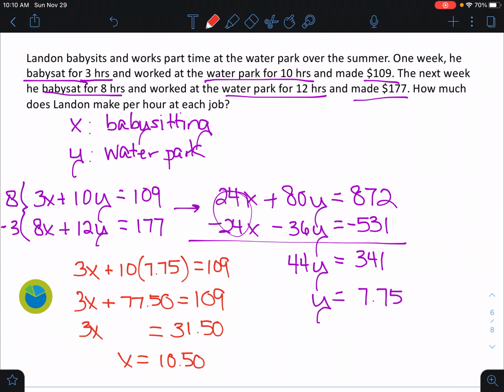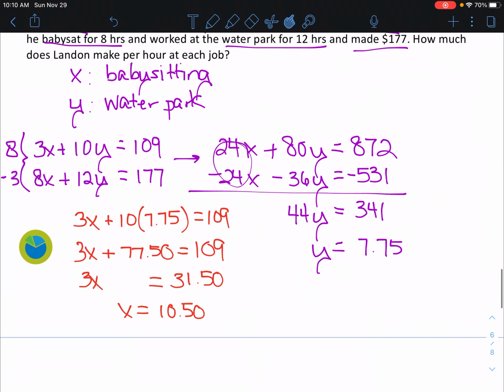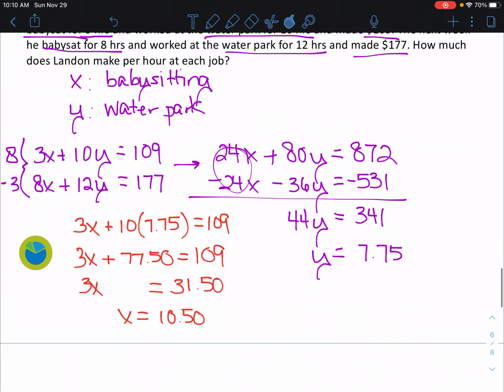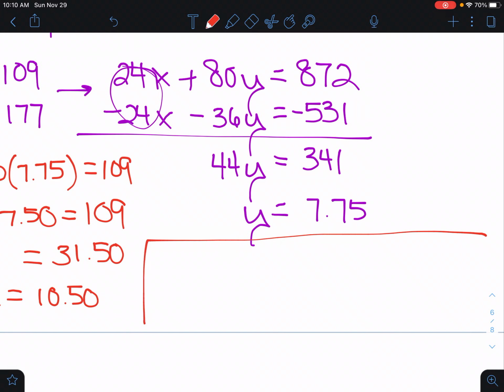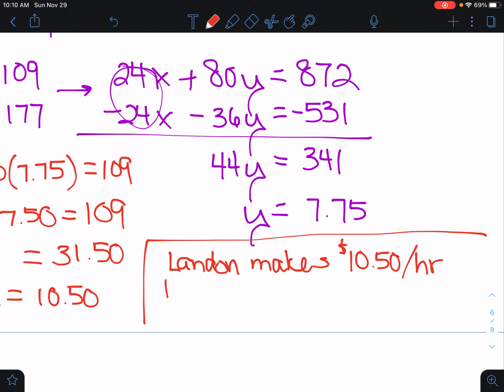We said babysitting, how much he makes babysitting. All right, so Landon makes $10.50 per hour babysitting.